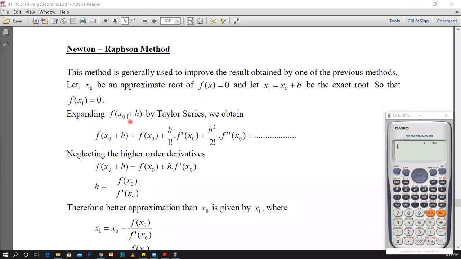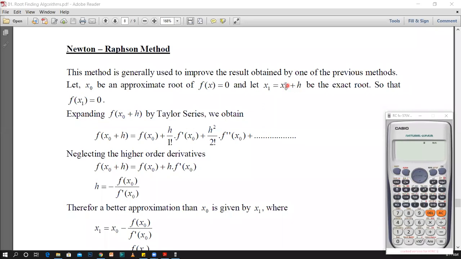Now we will consider this Newton-Raphson method. We'll take x naught as an approximate root for f(x) equals 0. It means that x naught is the root that we have already identified for the equation f(x) equals 0. But we will define the exact root as x1, and x1 is defined as x naught plus h.